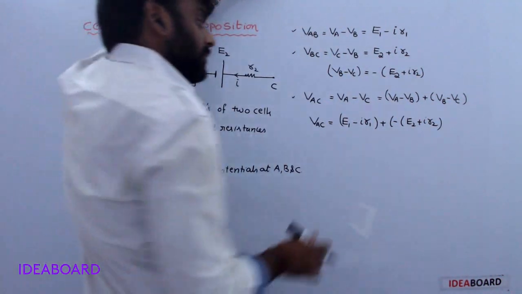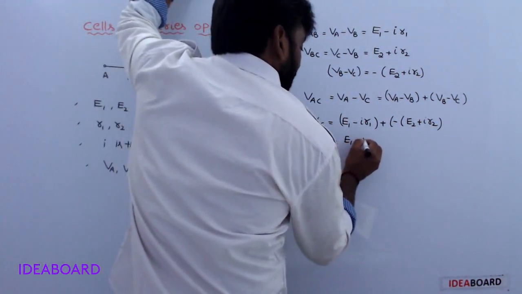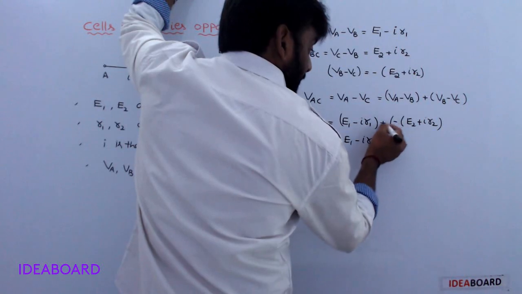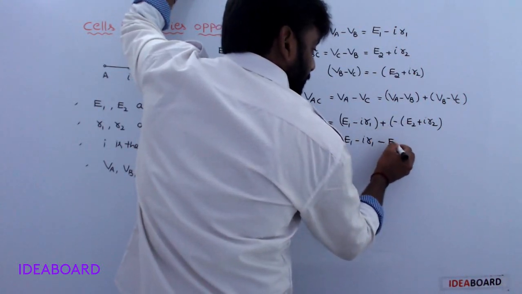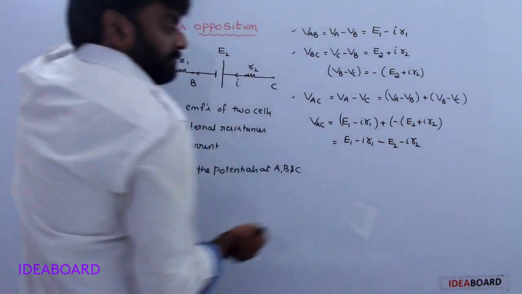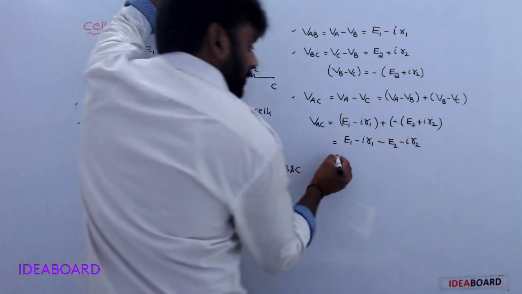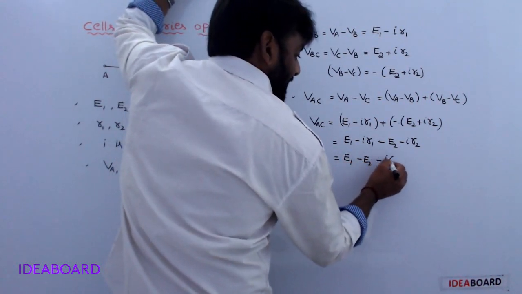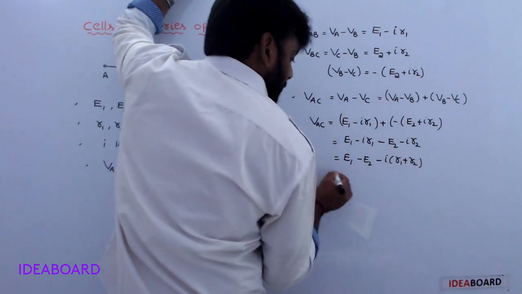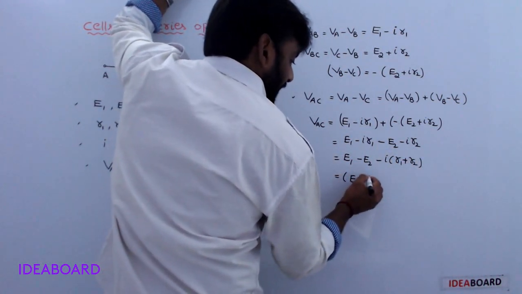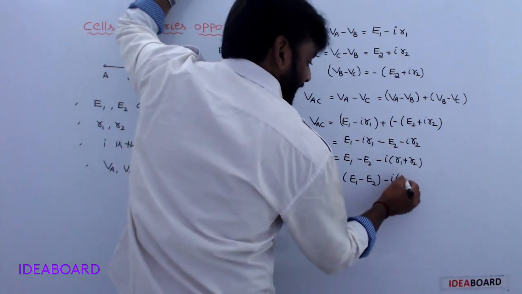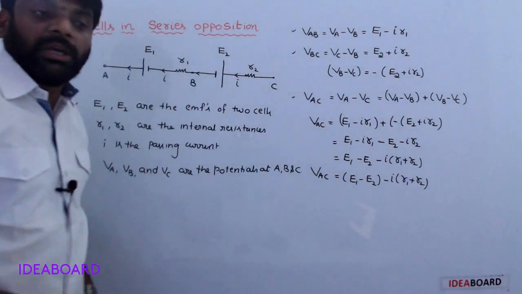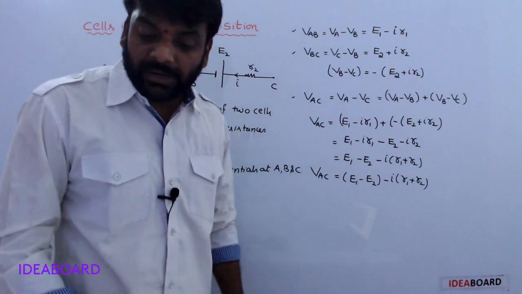So E1 minus I R1 minus E2 minus I R2. Now E1 minus E2, and minus I is common, R1 plus R2. The potential drop between A and C is E1 minus E2 minus I times R1 plus R2.